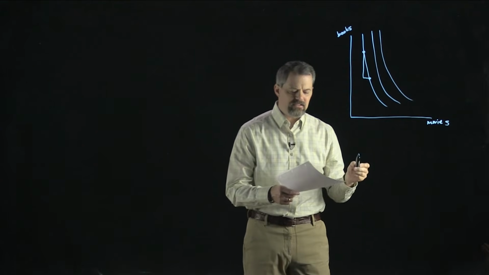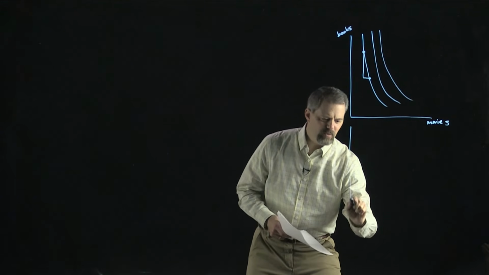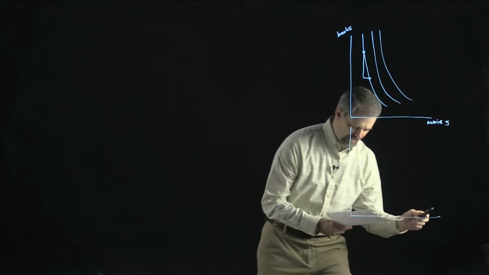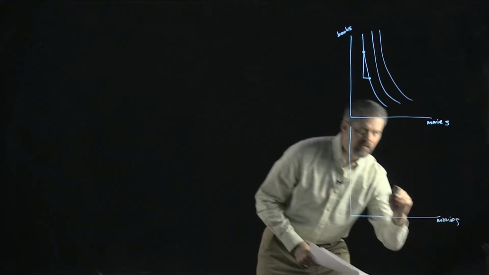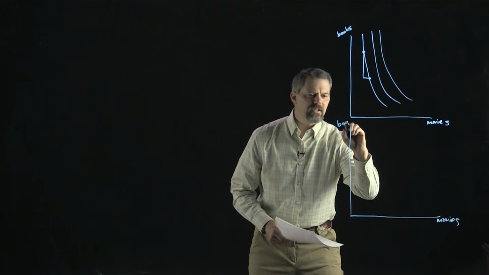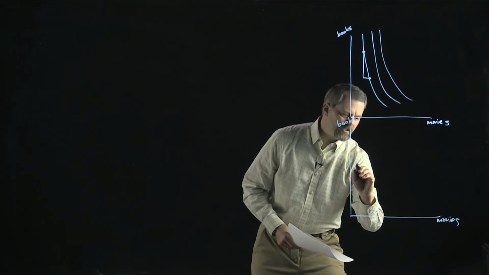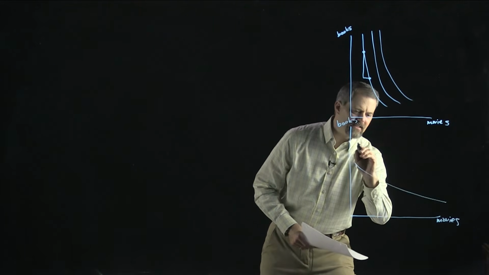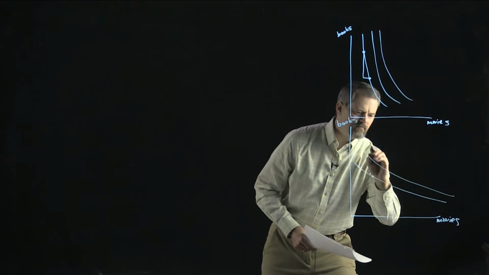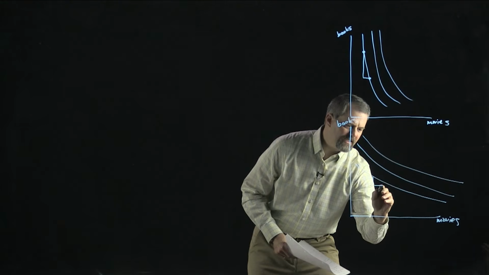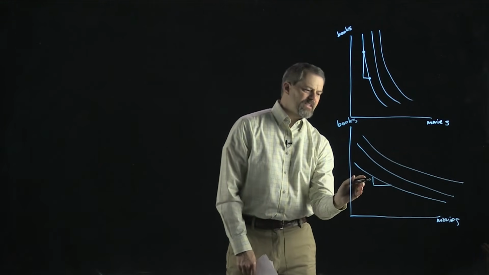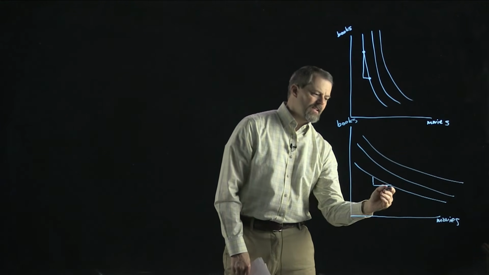That's completely different than if we drew the indifference curves, and let's again go with movies and books here, if when we drew them, the indifference curves were very flat like this, then what this would tell us is the consumer's willing to give up relatively few books to get a lot of movies.